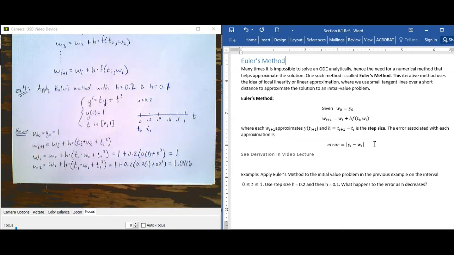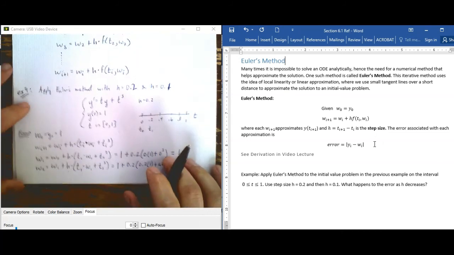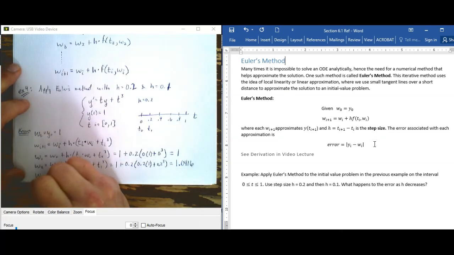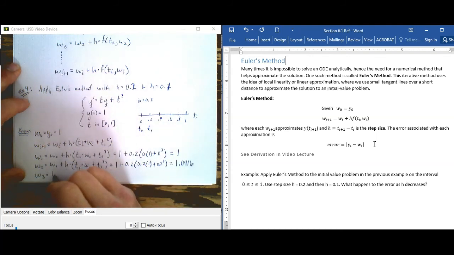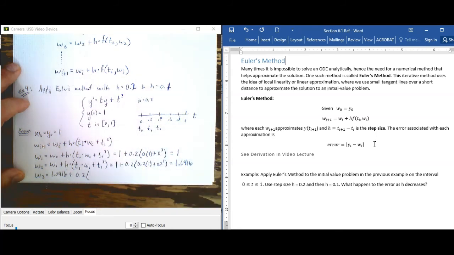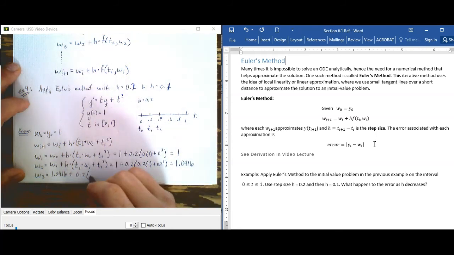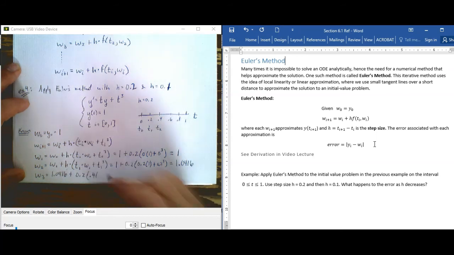Okay. Let's do it again. W3 would be the previous approximation, 1.0416 plus H is 0.2. Now we're at T2. T2 is 0.4. So 0.4 times previous approximation plus 0.4 to the third.